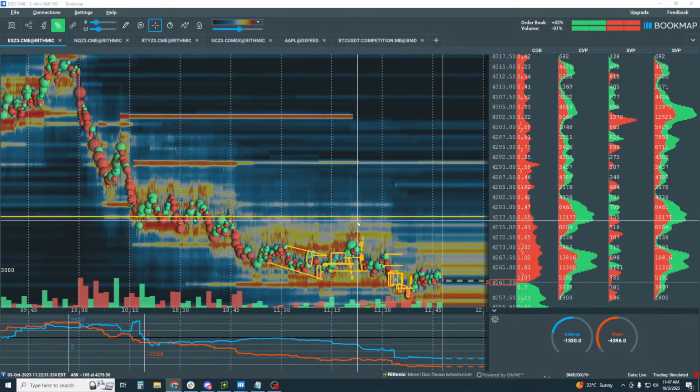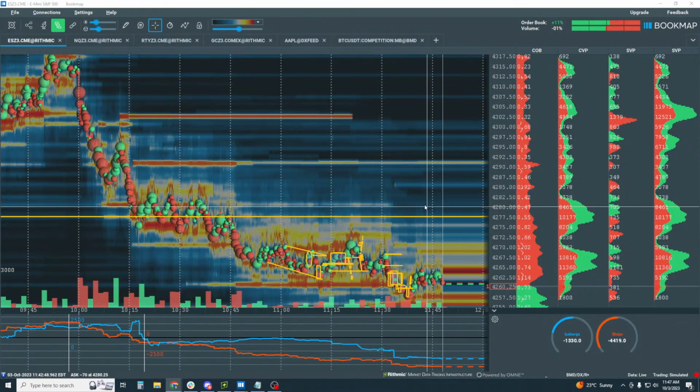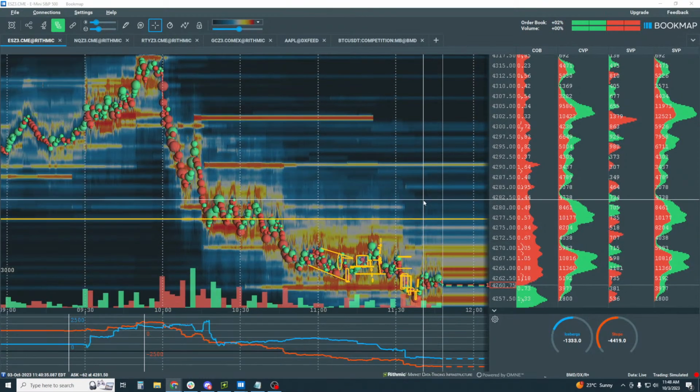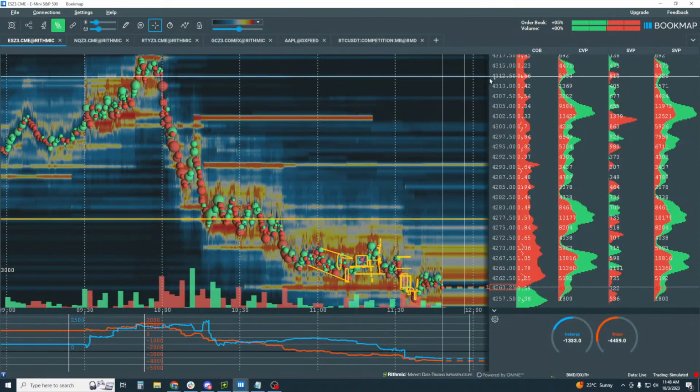You can even have it come back to our 77 level and kind of curl over and continue to the downside. The easier look is a continuation here. It's outside of the range on the daily and the weekly, and we see more selling still. So still looking for continuation.